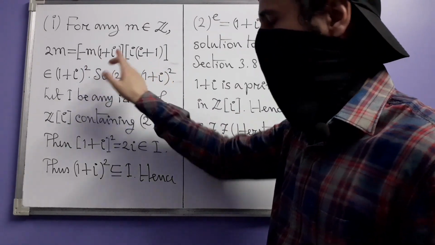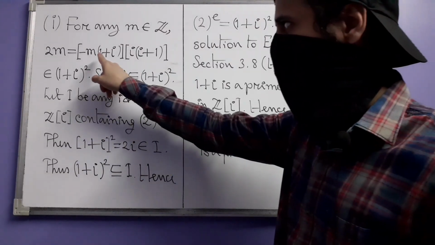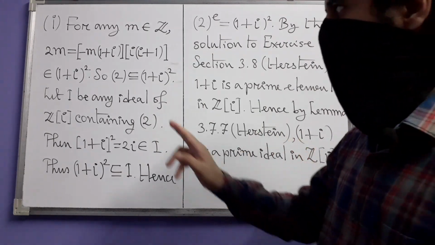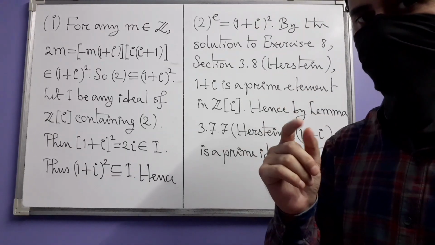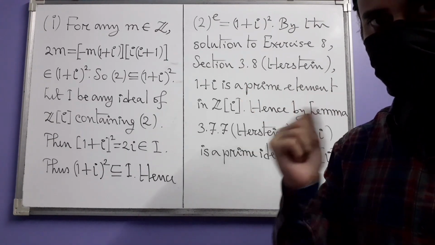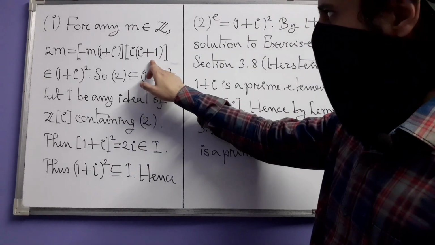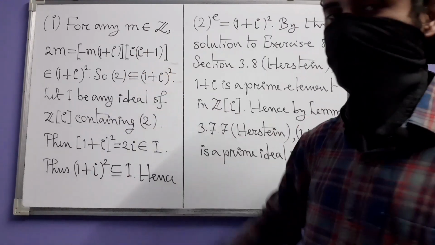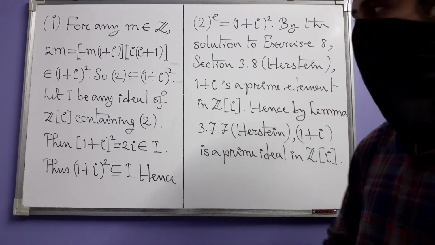Minus m times (1 plus i) is a multiple of the complex number 1 plus i by another complex number, after all. Minus m is also a complex number. So this first factor belongs to the principal ideal generated by 1 plus i in the ring of Gaussian integers. This other factor is also a multiple of 1 plus i by a complex number, so it also belongs to the principal ideal generated by 1 plus i in Z[i].